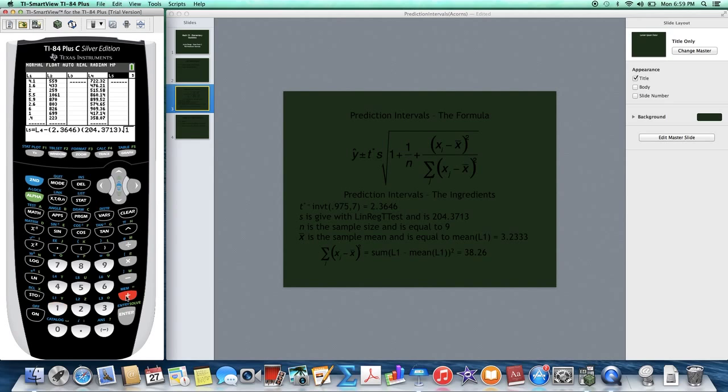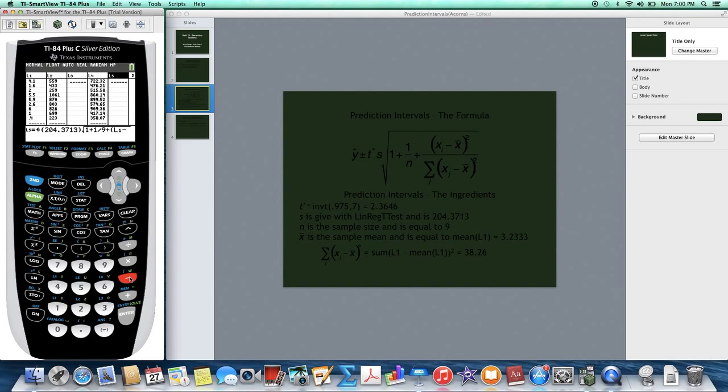It's 1 plus 1 divided by n. Now n is 9, so that's 1 divided by 9. Plus, now this x represents all 9 x's in the data set, so each interval is going to have a different x value here. When I enter this quantity, I'm going to put a parenthesis, and then go second L1, and that's going to put in the whole list of x's.